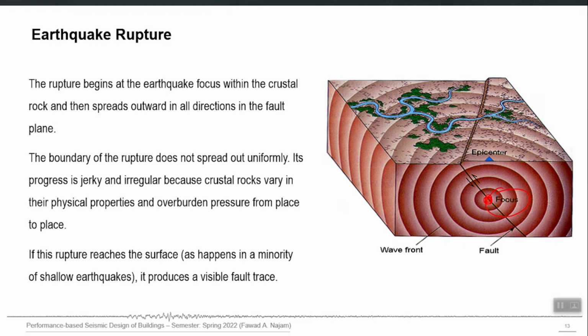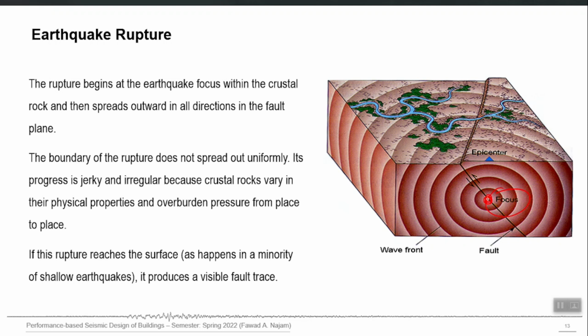So the crack is already existing, but the relative movement starts from a certain point on that crack under the surface, right? Can you make a picture in your minds that an earthquake originates from a point? So the movement has a starting point which we call focus, and then that movement travels along the fault plane. Sometimes it travels all along the fault plane, sometimes only part of that fault line has that movement, right?